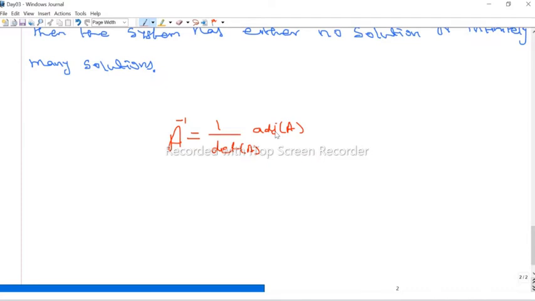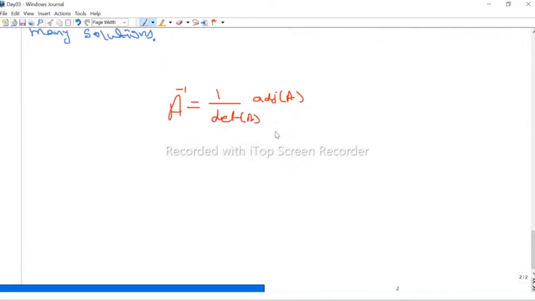Now maybe I can write some properties of determinant. Suppose in a matrix two rows are identical, or either one row is zero, the determinant is always zero.